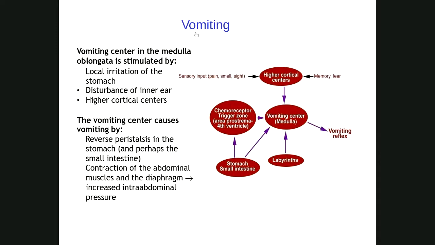Sometimes you smell something that irritates and it makes you feel you want to vomit. Sometimes pregnant ladies in morning sickness, they also vomit. Some people with ear problems tend also to vomit. Sometimes if you eat something which is contaminated, it might also be followed by vomiting.